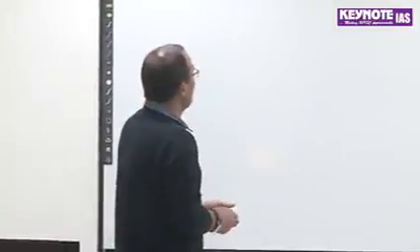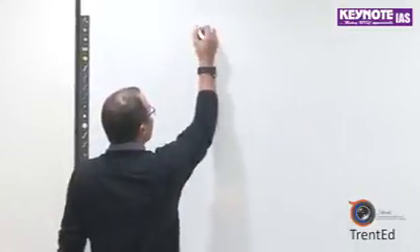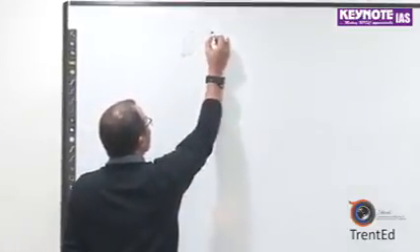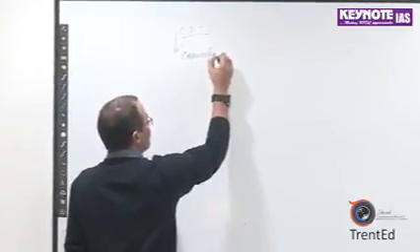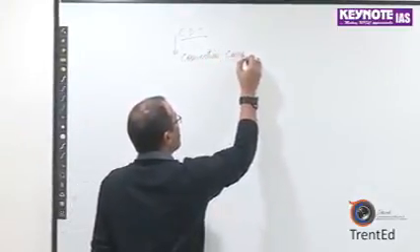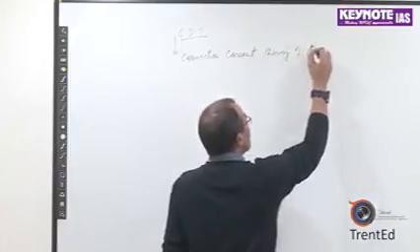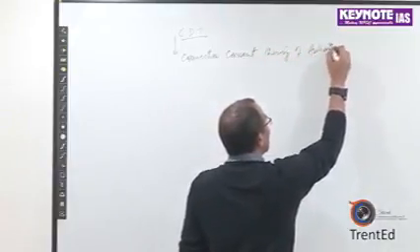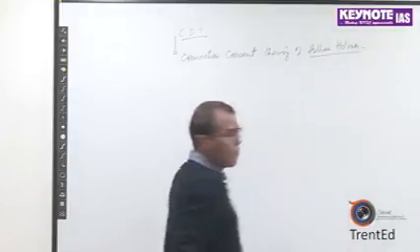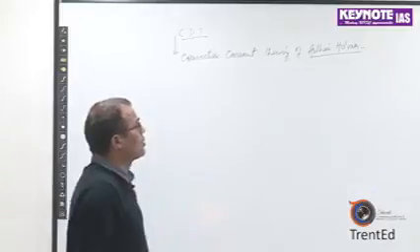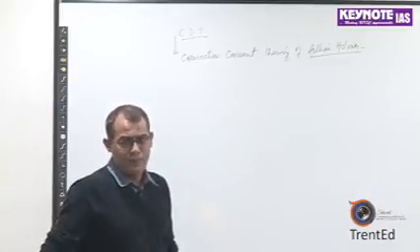Right? Now, in continuation of plate tectonic theory and continental drift theory, there is a theory called the convection current theory of Arthur Holmes. He was perhaps the earliest supporter of continental drift theory.